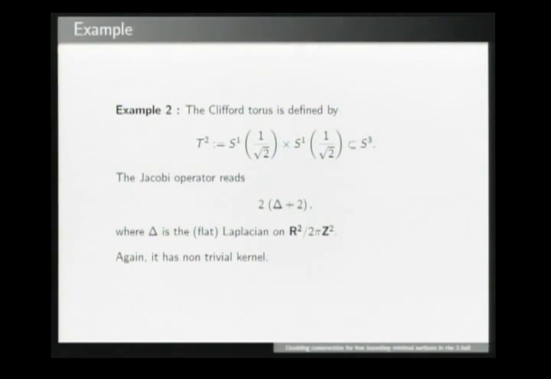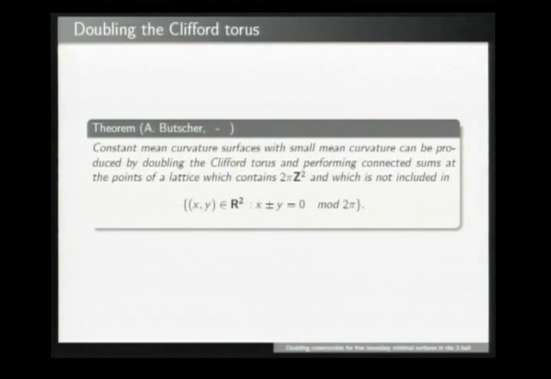What I've done is that I've parametrized the torus by two circles. So 0 to pi will be the first variable, and there is a second variable belonging to 0 to pi. And so again, you can see that this operator here has non-trivial kernel, so you cannot apply directly the result I stated. However, what you can try to do, again, is to work equivariantly. And this works pretty well.